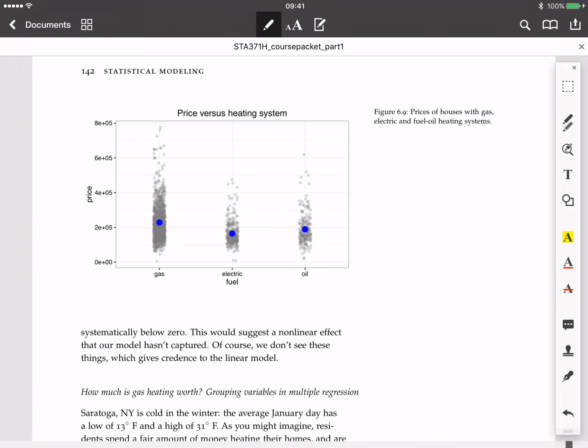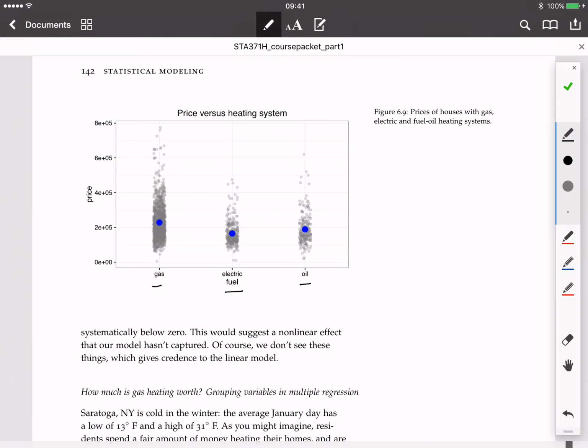And you can imagine the cost of different heating system types very easily influencing the desirability of a house on the market. If you look, for example, at heating system type, whether it's gas, electric, or fuel oil, the kind of system where a big truck comes and delivers heating oil for the winter, and you use that to heat your house out of the tank below your house, you notice some systematic differences here.